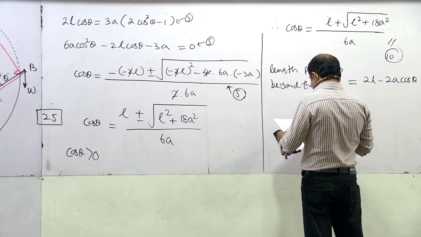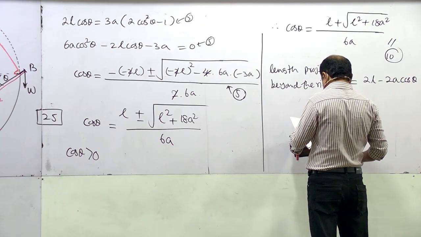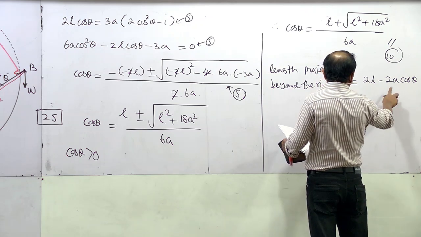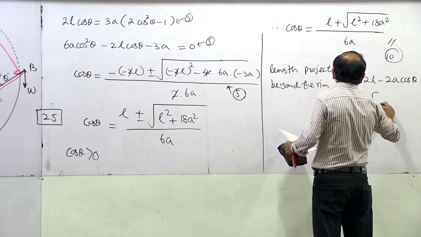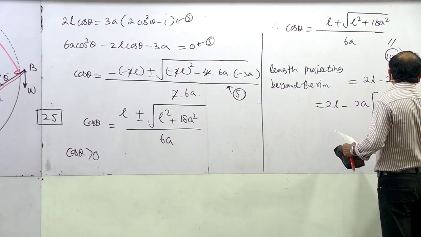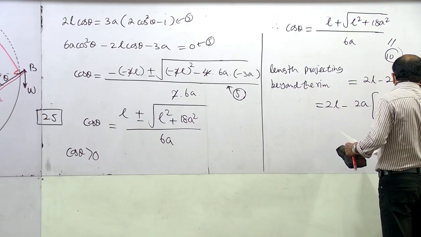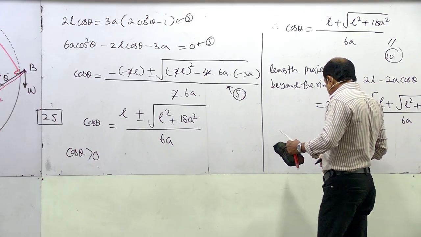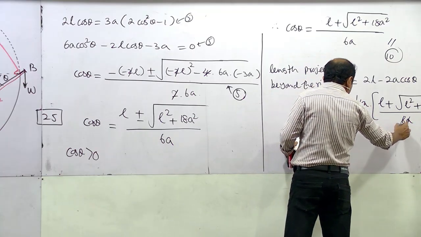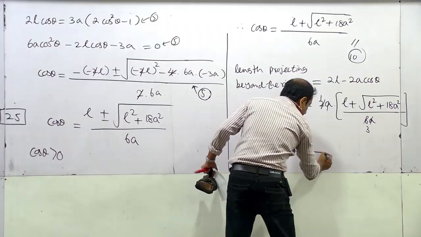Right, 2A cos theta. Substitute here cos theta, L plus square root of L squared plus 18A squared over 6A. Okay, now simplify this. A and A you can cancel down. 2 and this 6 give 3. Then we get a common denominator of 3 here.